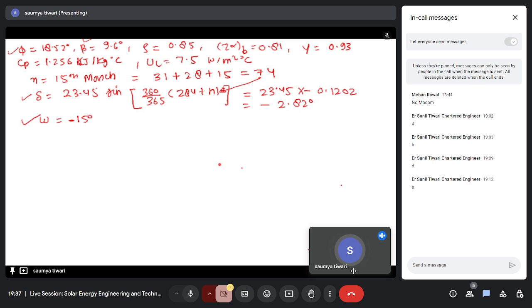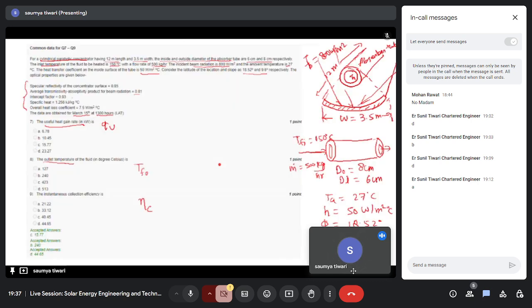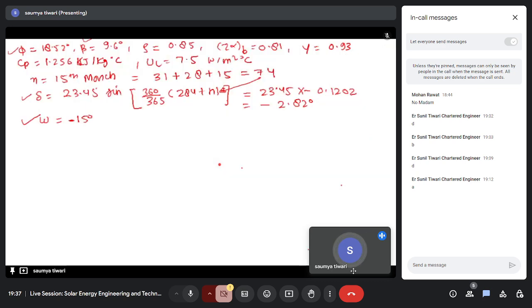Now the first thing that we have been asked is the useful heat gain, Q useful. For that, what we need to know is whatever flux is falling on your absorber tube after reflection. This is the S value, and to calculate the S value, we know the formula.